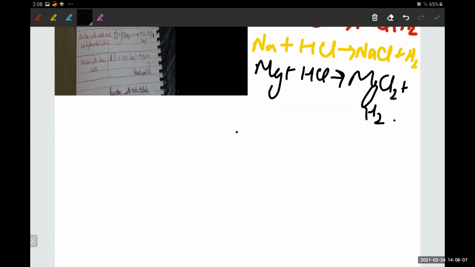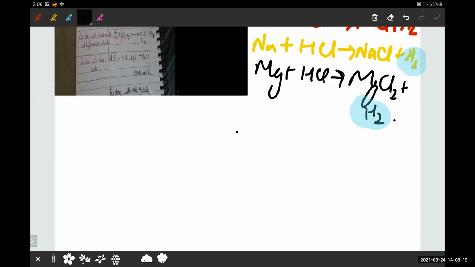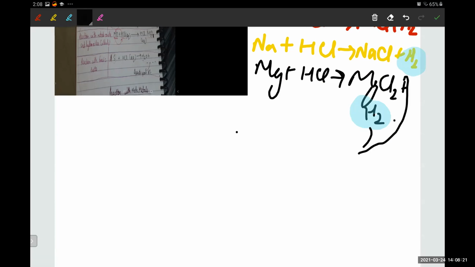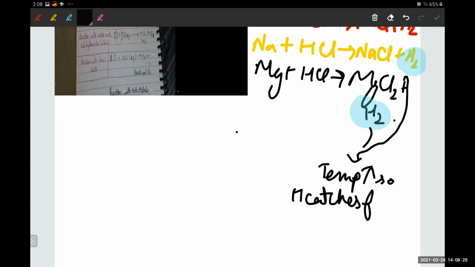Now the reaction is so vigorous that the temperature increases and H2 itself catches fire. You have to note that in both these cases the temperature is so high that H catches fire by itself.